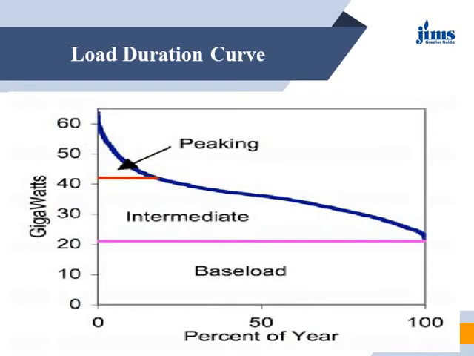The base load demand is a simple horizontal curve, and the other curve which shows a higher demand from 40 to 60 gigawatt is the peak demand. It occurs from April to July in the case of India.